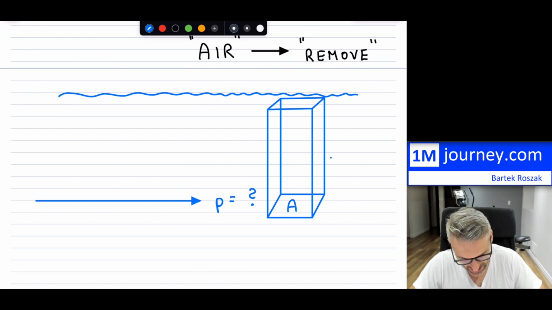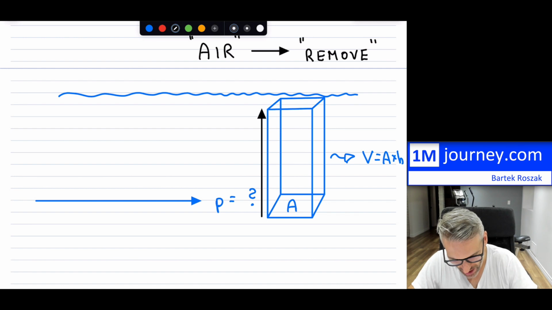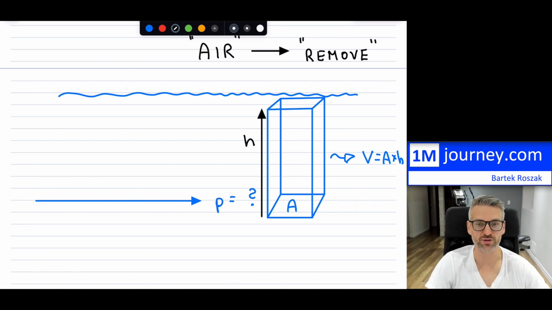This rectangular prism takes up a volume, but this volume is nothing else but that area times the height. And here I am referring to the height as the depth. So what depth are you at? This is my height, or you can write D for depth if you wanted to.